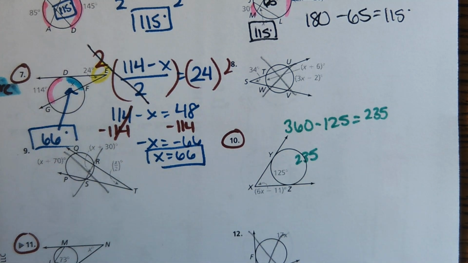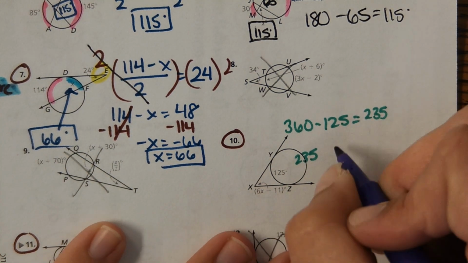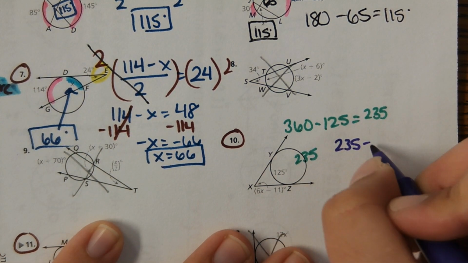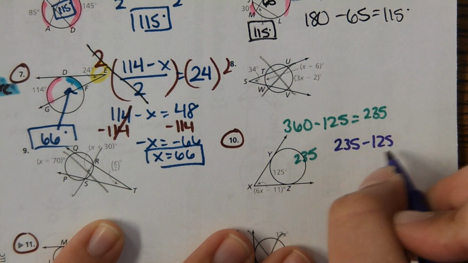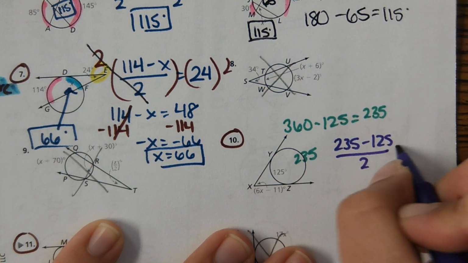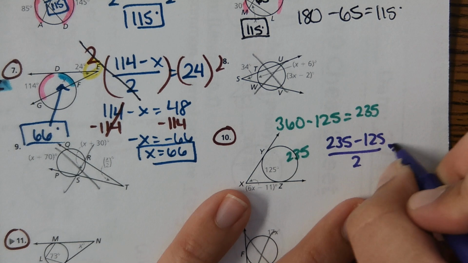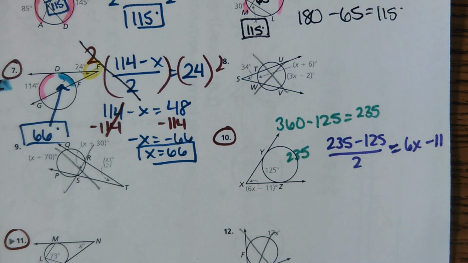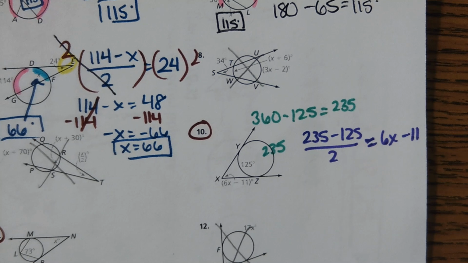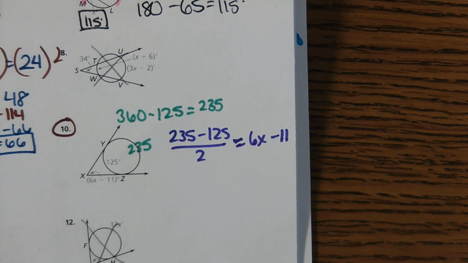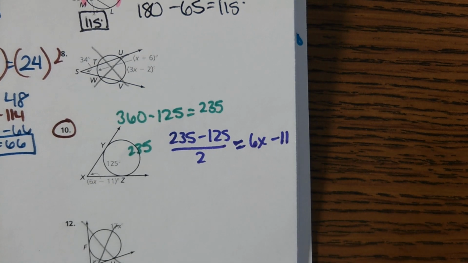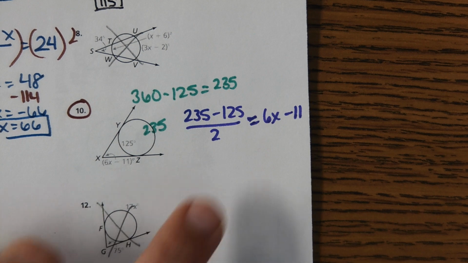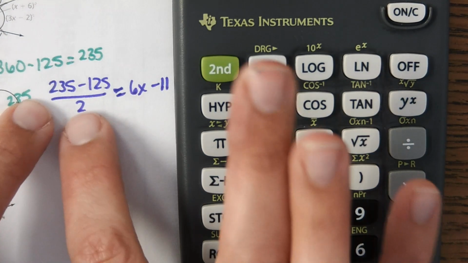And then we can set it up in our equation. So 235 minus 125, big arc minus small arc, divide by 2 equals 6x minus 11. Okay, so then here, I'm going to solve this right here.